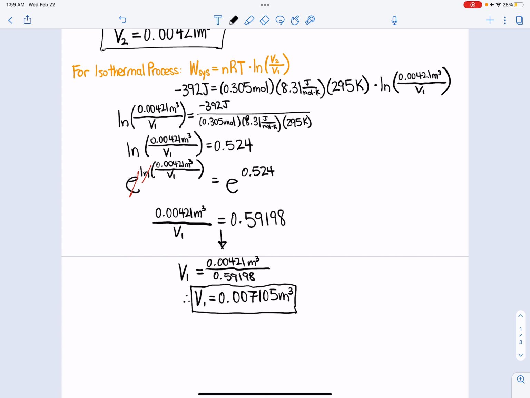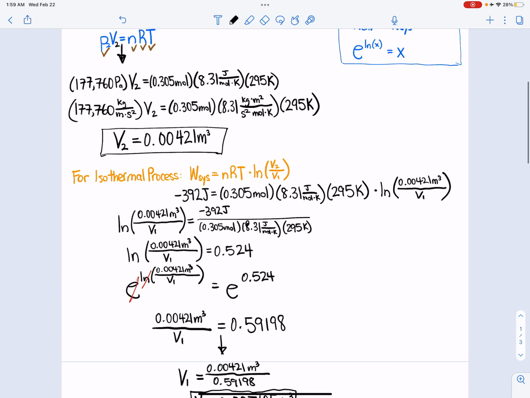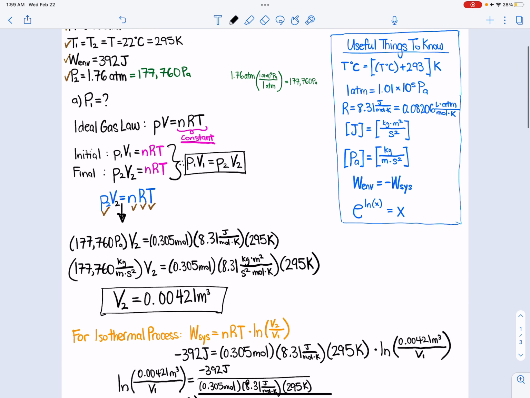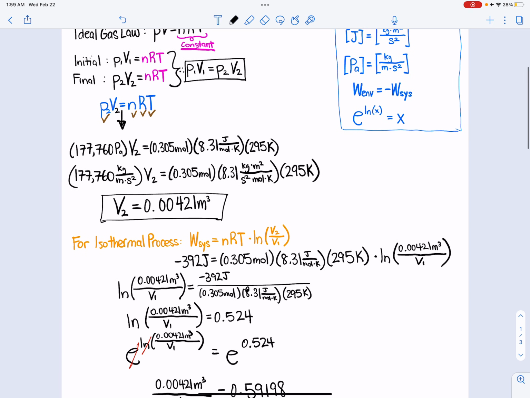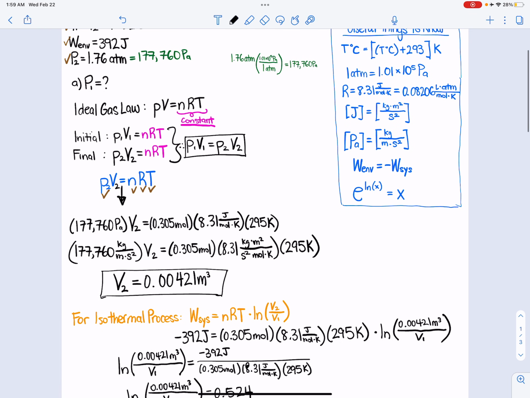All right, so now I've got my V1 and my V2, and I know my initial pressure, or no, I'm looking for my initial pressure, and I know my final pressure. So I'm going to go back to this equation right here, right? And again, I know I'm looking for my P1. I just solved for my V1.